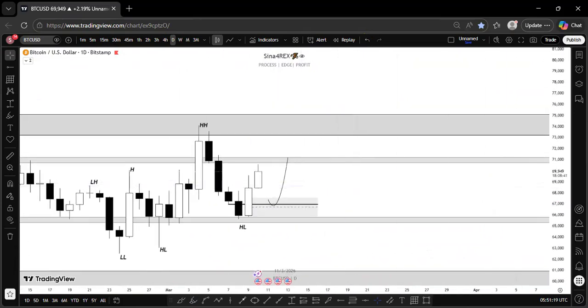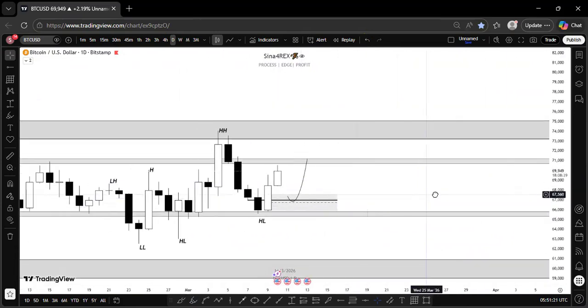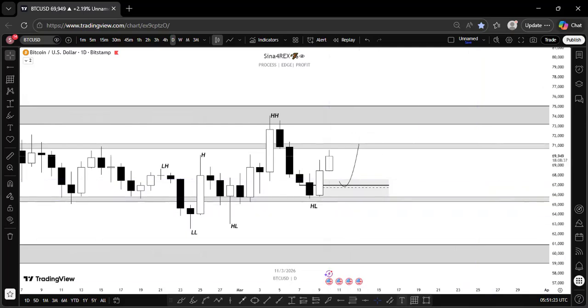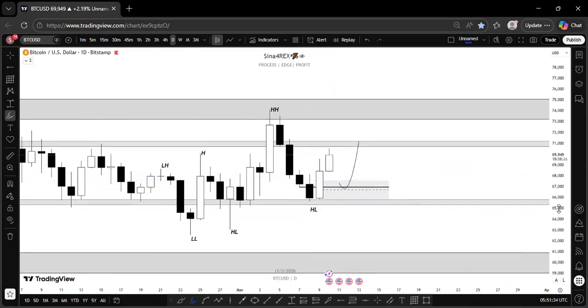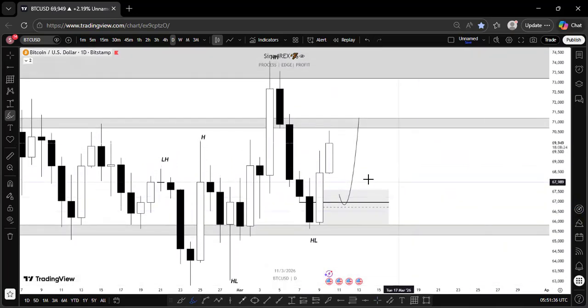On the daily time frame, you can see yesterday's candle closed very strongly. If you look at it, we really had a very good closure in terms of a strong bullish candle. And not just a strong bullish candle, you can see it has been able to close above the wick of Friday's and Sunday's candle, that's the last bearish candle.